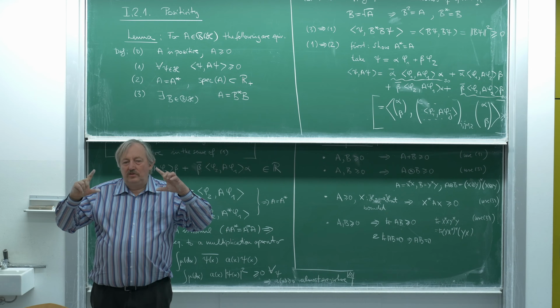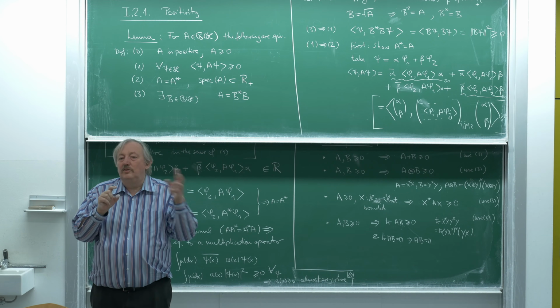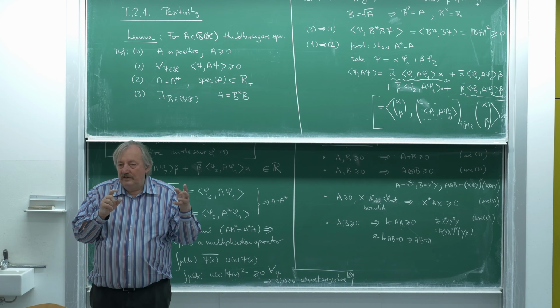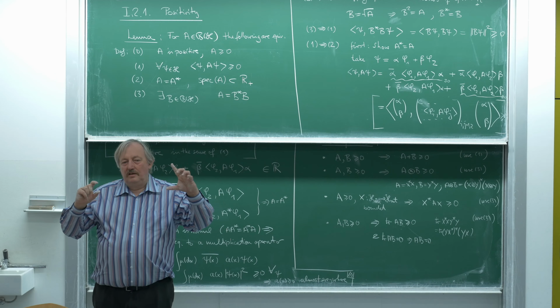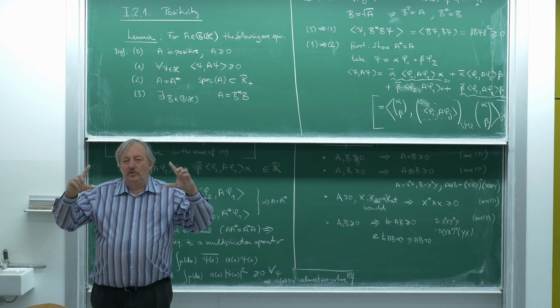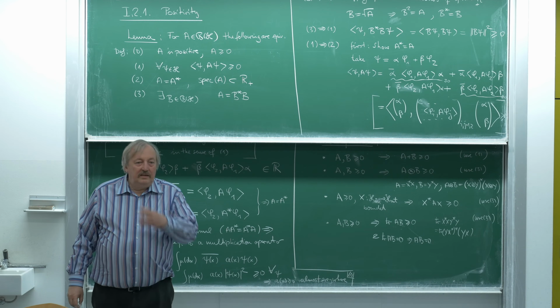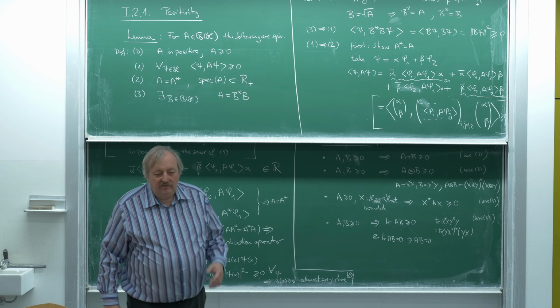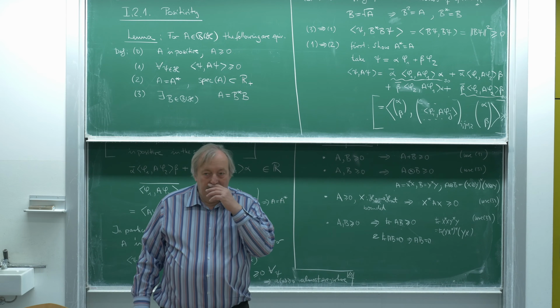The terms in this sum are the norm squares of x on a basis vector. Right? So the scalar product of a basis vector with x star x applied to the basis vector is just the norm squared of x applied to the basis vector. These things would all have to be 0, because these are positive terms that add up to 0, so each individual term has to be 0.